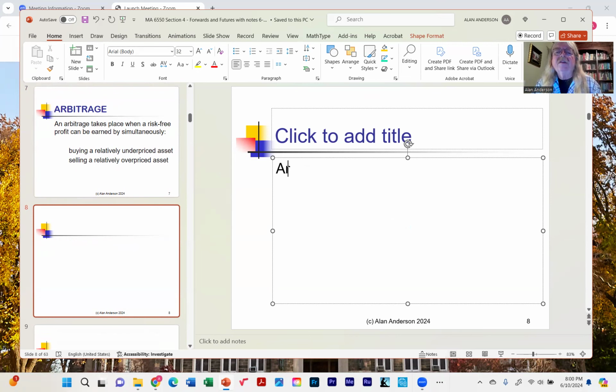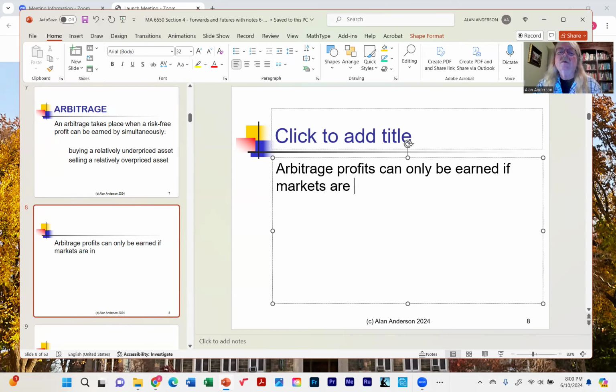So arbitrage profits can only be earned if markets are inefficient. So we're going to call it inefficient. In other words, prices are inconsistent with each other.